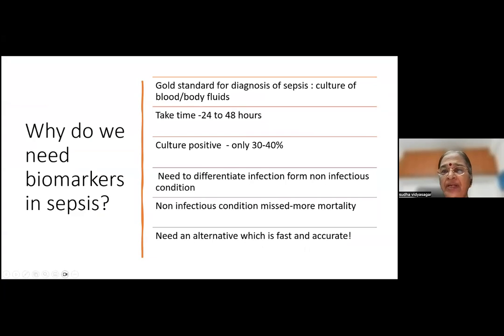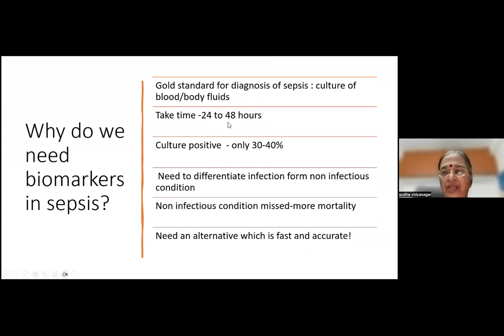Now, how do we make a diagnosis of sepsis? The gold standard is to demonstrate the presence of the organism either in the blood or the body fluids. Somewhere you have to show that this is because of an infection, right? But we all know that the turnaround time for diagnosis of any infection can be up to 24 to 48 hours.